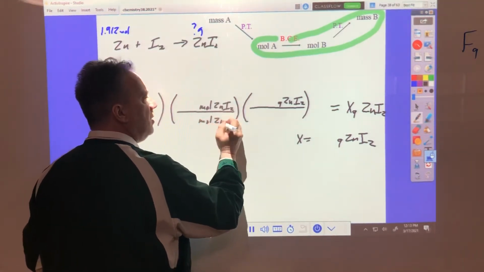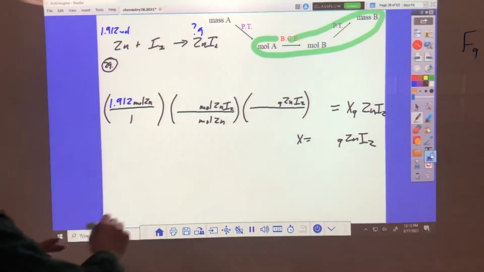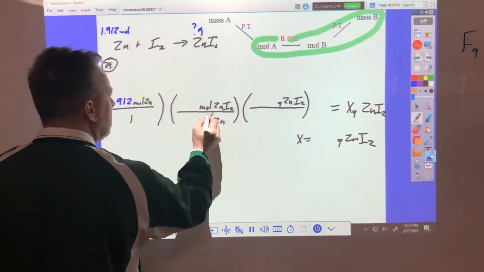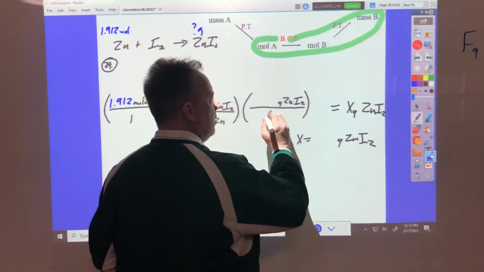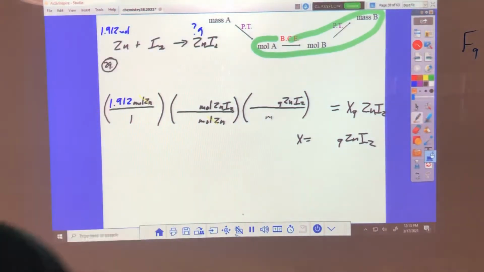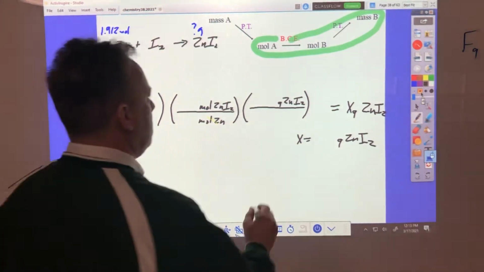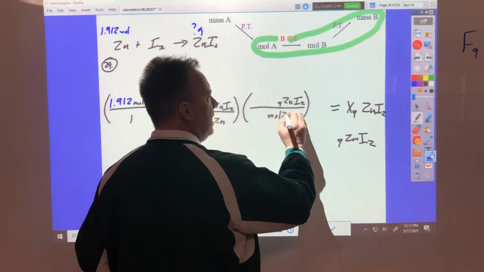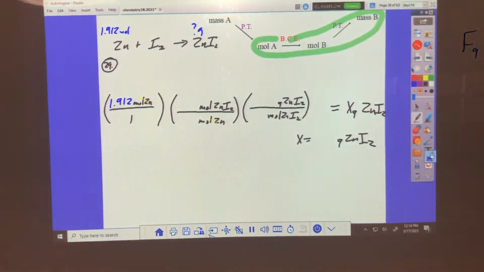Moles zinc, so that it cancels. And then this goes here, and it will cancel. Whoops. Moles ZnI2. Okay. So that will cancel.